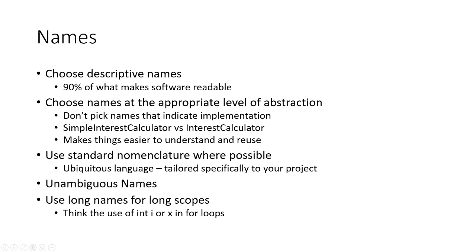You can name something int i instead of saying int starting index. I mean, you could do that, but is it really necessary? No. But for longer scopes, you want to use longer names so that you're better able to understand and follow the code. For short scopes like for loops or counting variables, it's okay to use short variable names. But for names that are going to be used in a longer scope, like throughout a whole function, you want something a little more descriptive.